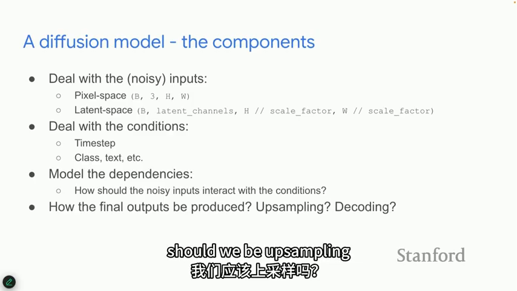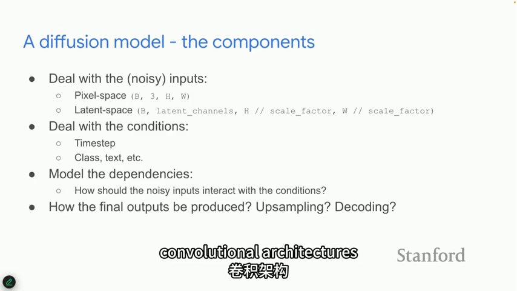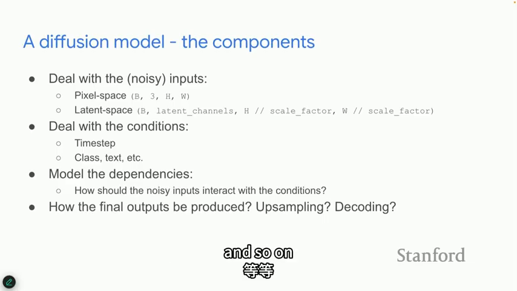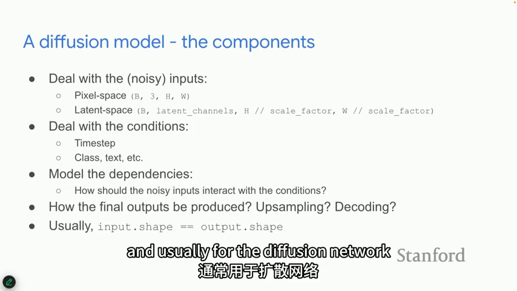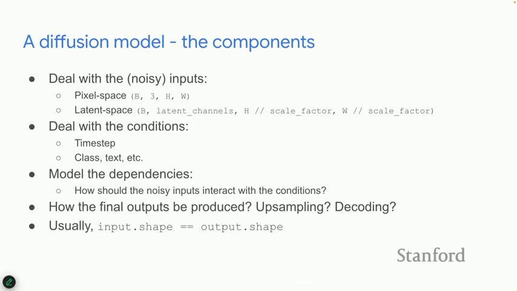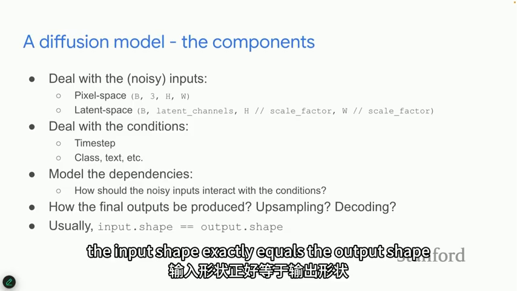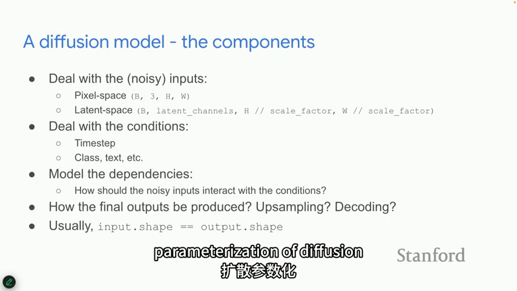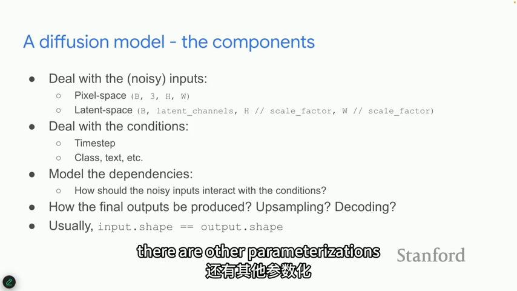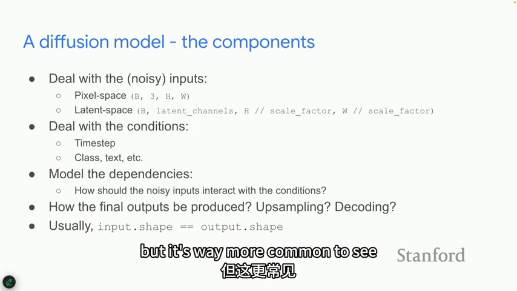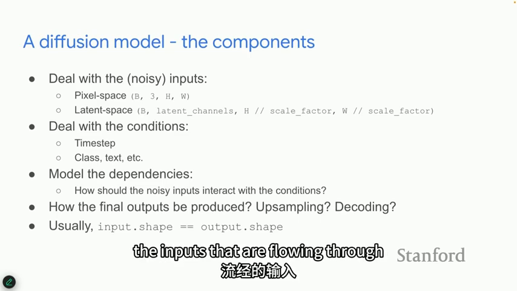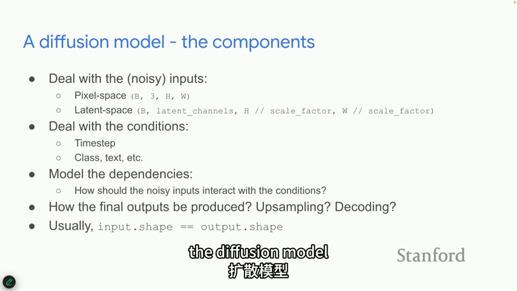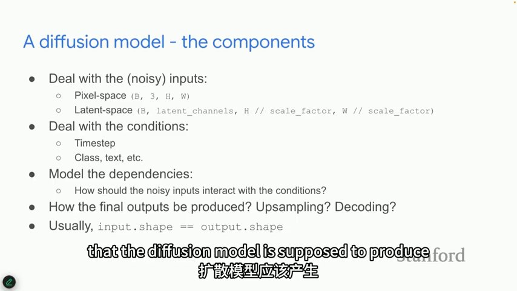Should we be upsampling if we were to deal with pure convolutional architectures, and so on? And usually for the diffusion network, the input shape exactly equals the output shape unless you are dealing with a separate parameterization of diffusion. There are other parameterizations, but it's way more common to see the inputs flowing through the diffusion model equal the outputs that the diffusion model is supposed to produce.